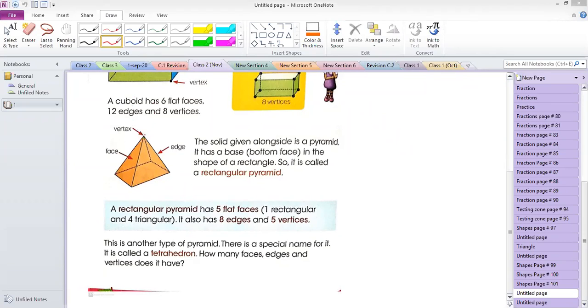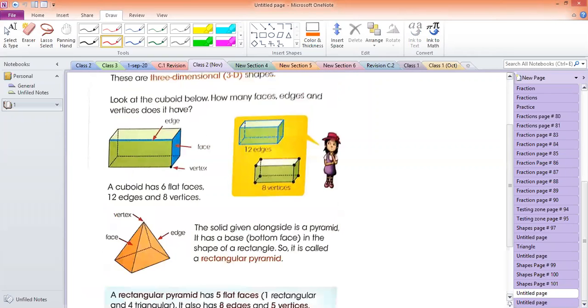Edges means line. 1, 2, 3, 4, 5, 6, 7, and 8.